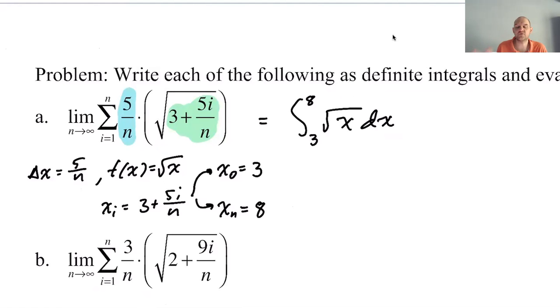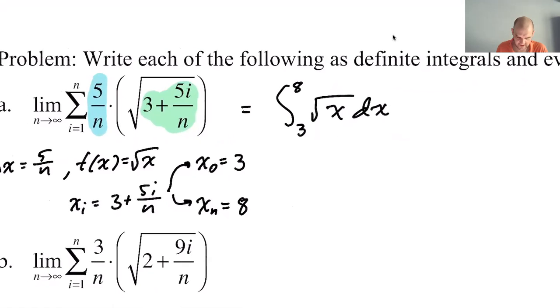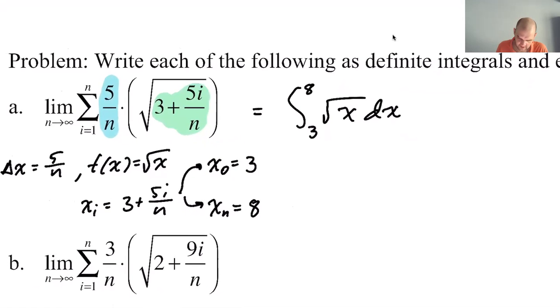There's another equally compelling answer, and let me just show you what I think it could be. An alternate approach, in a different color, would be that delta x is still 5 over n, but now x sub i is just 5i over n.